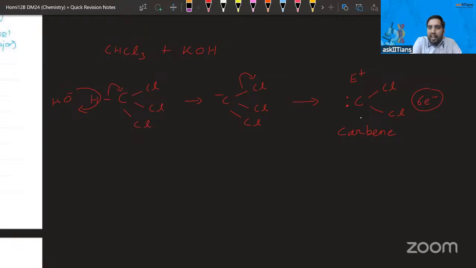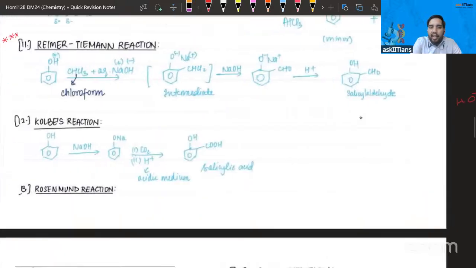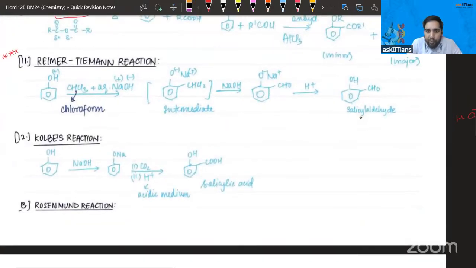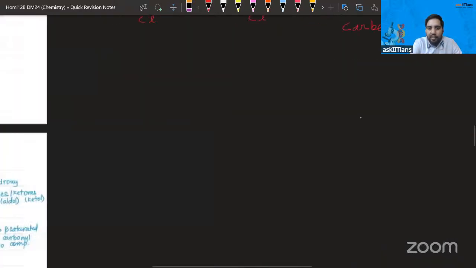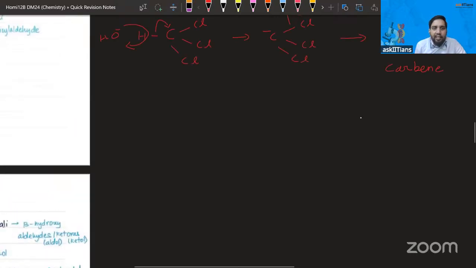Now, this carbene electrophile is going to attack phenol. So we form the product at the ortho position. As the electrophile attacks the ortho position, we get CHCl2, and with the help of NaOH, this CHCl2, okay, I'm showing the whole reaction here. Next is phenol.